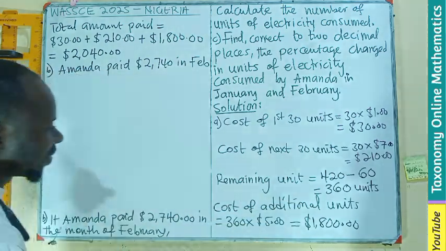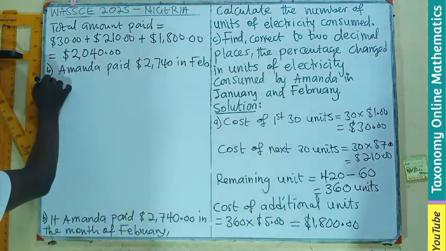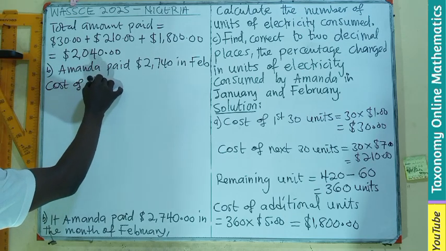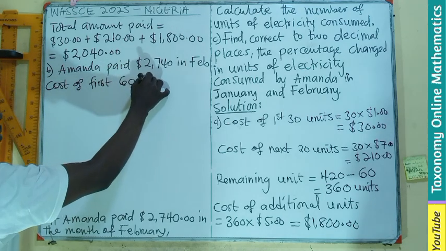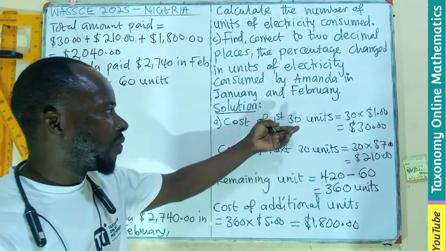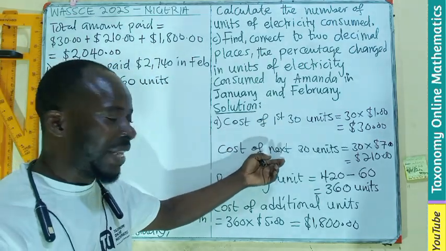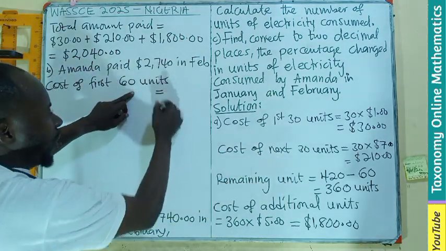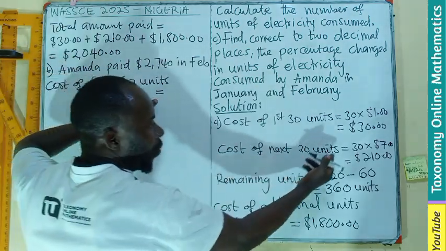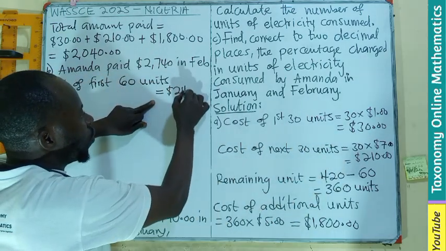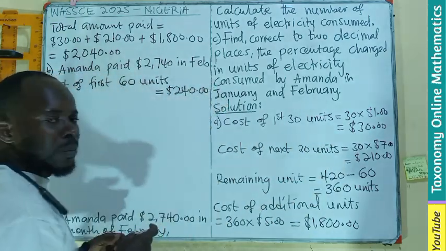So first, let's find the cost of the first 60 units. Why do we use 60 units? We are using 60 units because the first 30 and the second 30 give you 60. So the cost is going to be this plus this, which gives us $240.